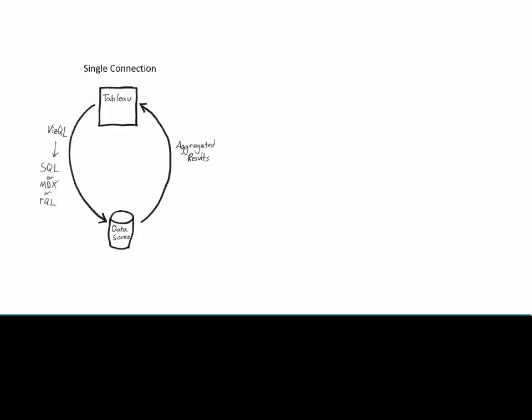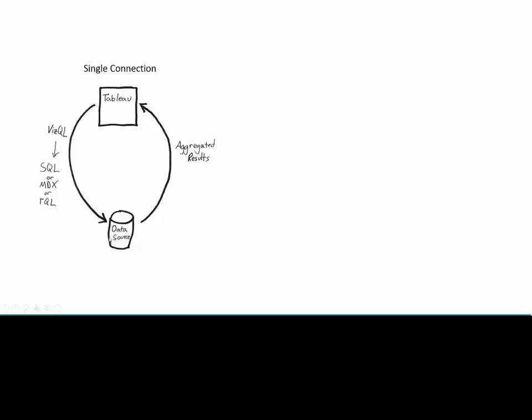Well, this is where understanding a little bit of what Tableau does and what it can do can be very helpful. So when you're working with a single connection to a data source, this is the way that Tableau is typically working. This is sort of a simple model to help me understand. Here's Tableau sitting on my desktop machine, and I've got a data source. Maybe that's a local data source.